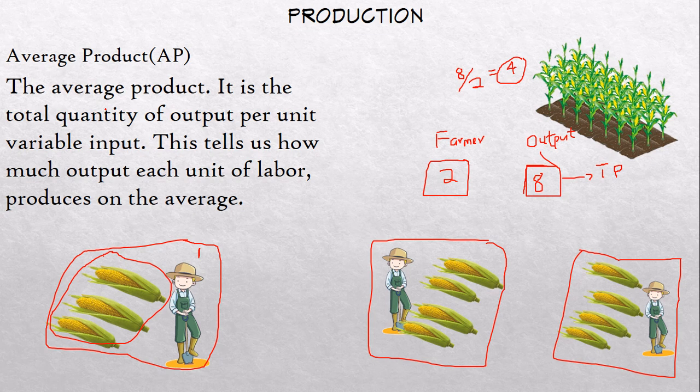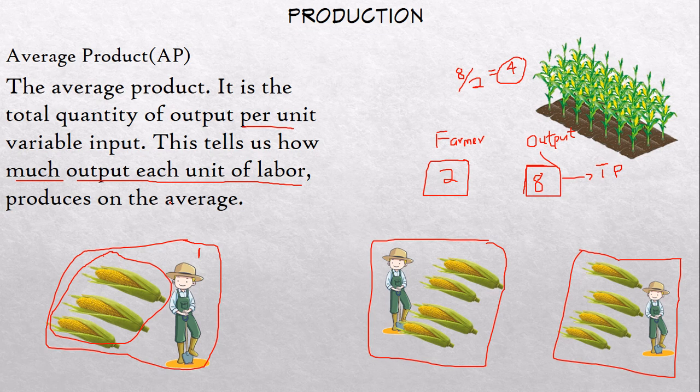The definition of the average product is the total quantity of output per unit of variable input. On the average, how much was each labor able to produce? It tells us how much output each unit of labor produced on the average.